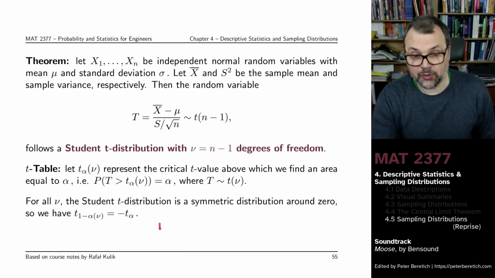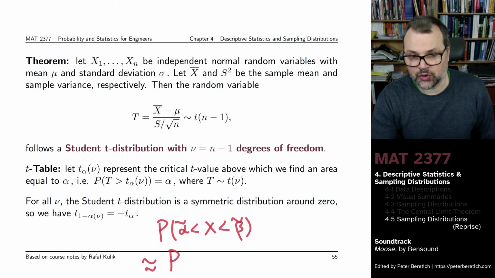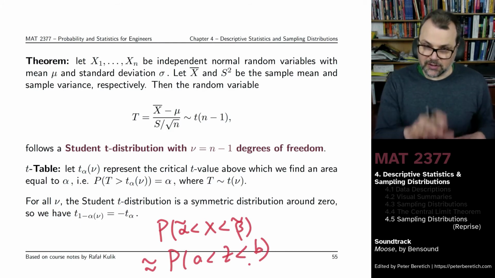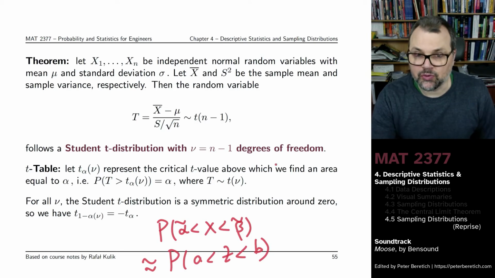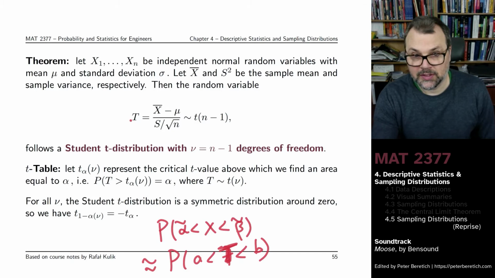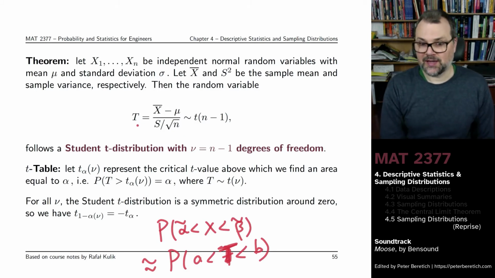So whereas before we were often interested in computing quantities that look like these, and we said, you know, if we know the underlying distribution, this might be equal to some computation of probabilities involving the standard normal. But if you do not know the standard deviation of the underlying distribution, instead of using the z variable, you'll be using the t variable, which is obtained by estimating the sample variance.